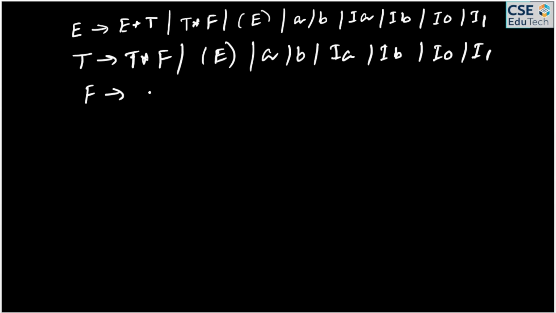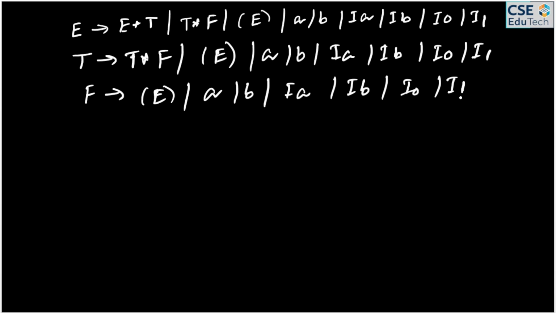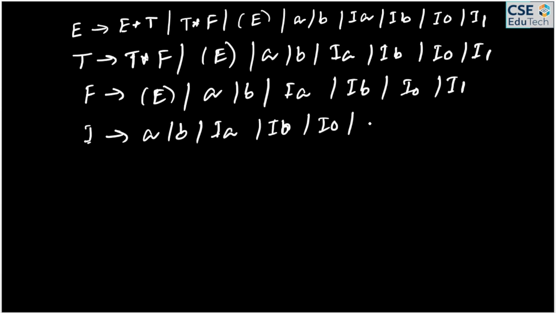Similarly, F to bracket of E, A, B, IA, IB, I0, I1, and finally I to A, B, IA, IB, I0, I1. Now these are the new production rules where no unit production is included. So by using this concept, we can eliminate these unit productions. So thank you.